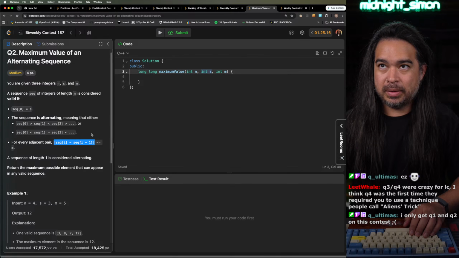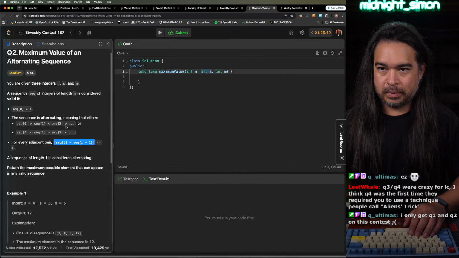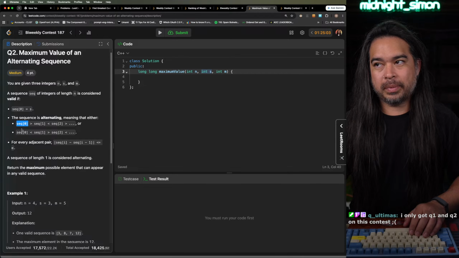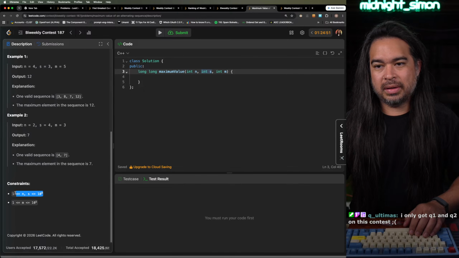So every sequence you need to add m, subtract. Interesting. N is really big.